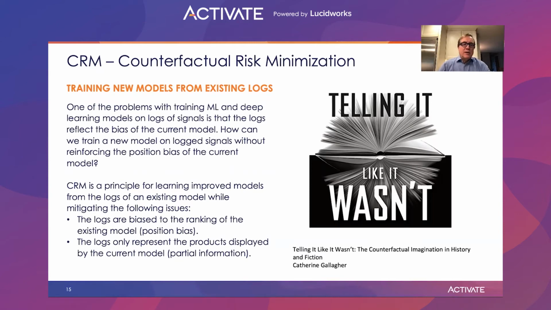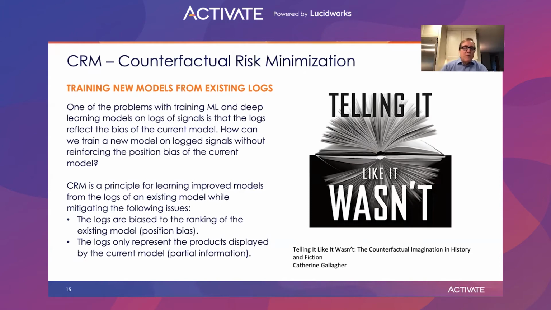So again, we want to train on the logs from the existing system, but the problem with that is these logs of the existing system reflect the bias of the current model. So you have maybe a model that isn't addressing position bias or other types of biases. So how can we train a new model on those signals while addressing the problem of bias, especially position bias?